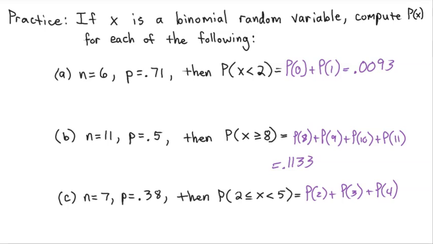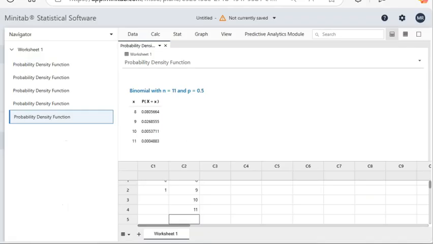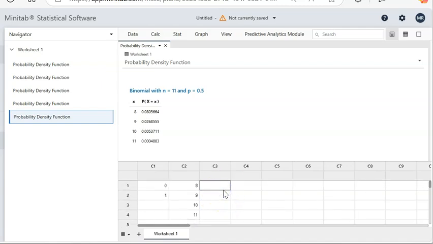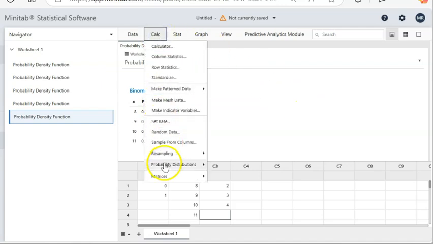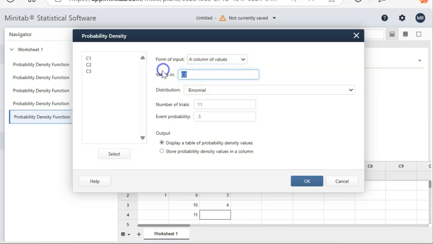So let's go back over to Minitab. And let's use a new column here. We'll use C3, and we'll do 2 and 3 and 4. And then we'll go to Calculate, Probability Distributions, Probability Density Function. We'll get our values from C3.